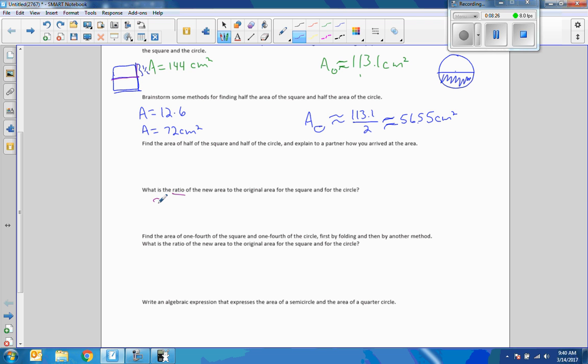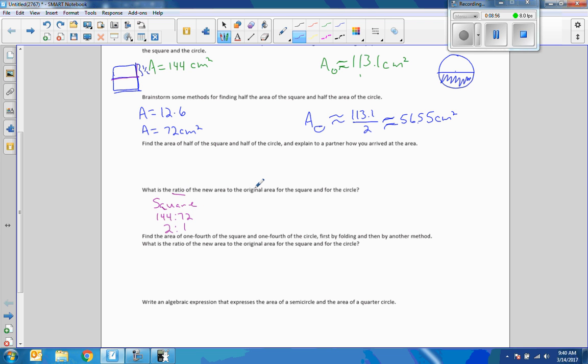So the ratio for the square would be 144 to 72. Okay, my area to my area. But if I reduce that, then it's 2 to 1. Okay.